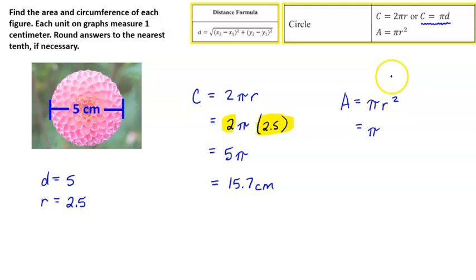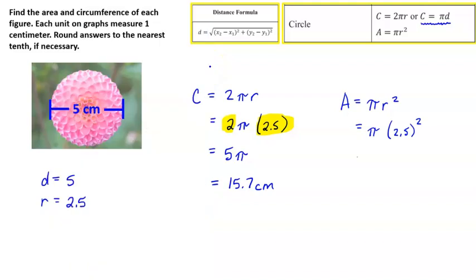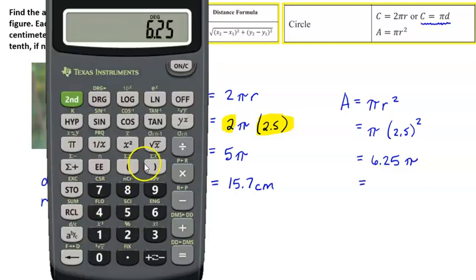And then for our area, we have pi r squared. So pi times 2.5 squared. And so we're going to put that into our calculator. 2.5, remember squared is here. So we get 6.25, and so for our exact answer, we would have 6.25 pi, but we're going to go ahead and put that into our calculator.